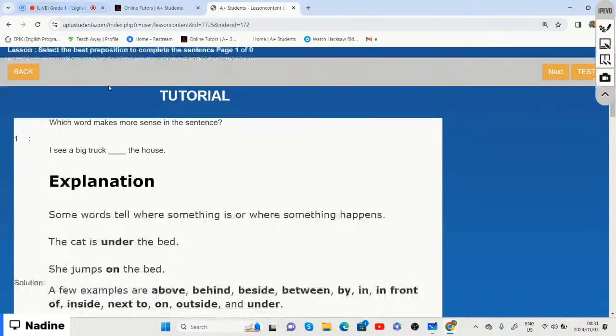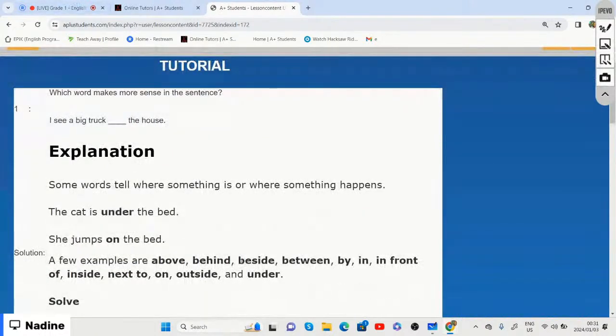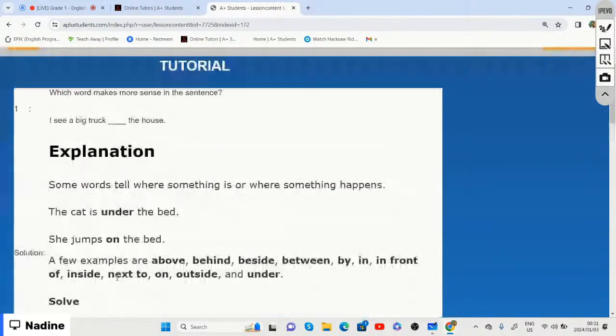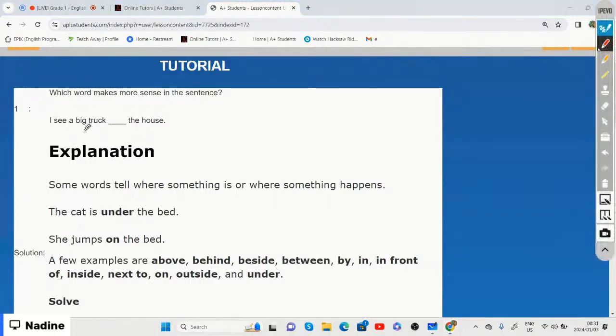So I see a big truck, the house. Can a big truck be in the house? Or where do we see the big truck? All right, so if you are in the house and you say I can see a big truck, then the truck cannot be in the house.